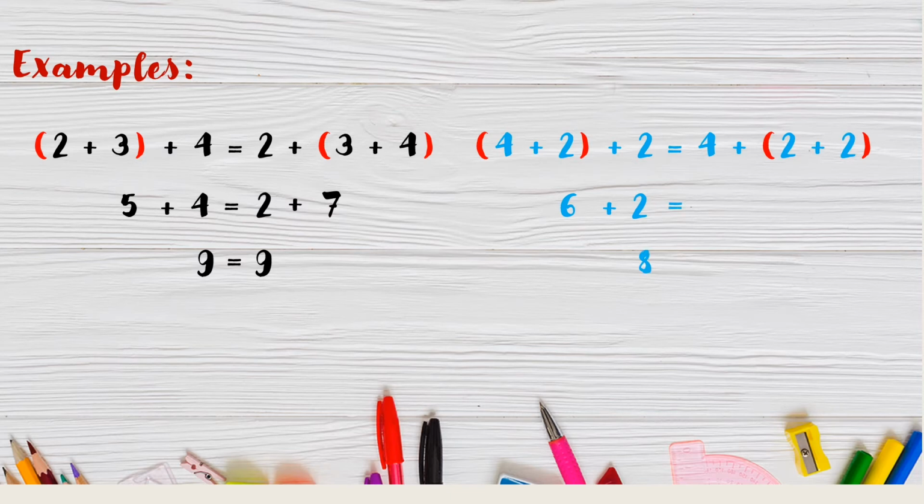On the other side, we have 2 plus 2 that is inside the parentheses. We have 4 plus 4. 4 plus 4 is equal to 8. So again, associative property of addition tells us the addition of three integers can be grouped in any order without changing the sum.